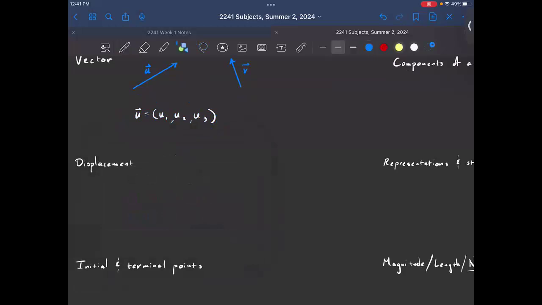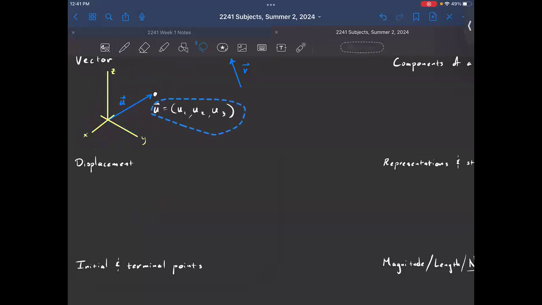And the idea there is that you have an implicit XYZ coordinate system hidden somewhere in the background, and you can think of the vector U as being extended from the origin to some point with those same coordinates. And we'll put that point in right there. So this vector U is the same as, quote unquote, that point in R3 space.